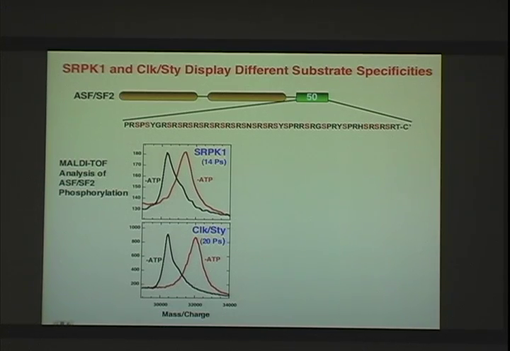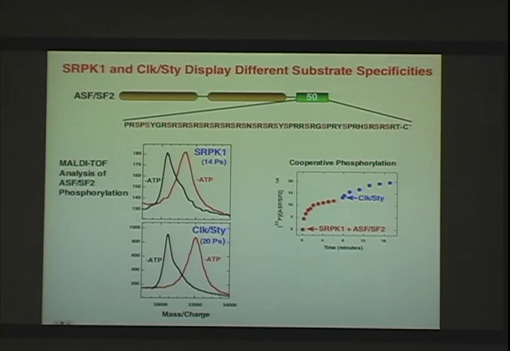But SRPK was a little bit more restricted in the number of sites it would put on. Whereas this would put on 20, this would only put on about 14 or 15. We also showed that this would work in a highly cooperative manner, where SRPK could put on a whole bunch of sites initially, and then Clk/Sty could later put on the other group of phosphates.